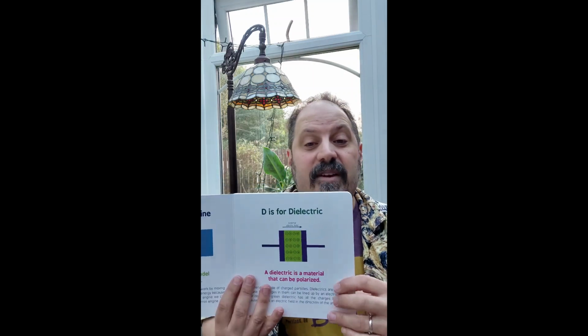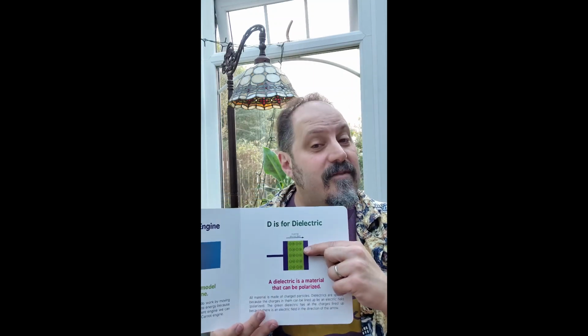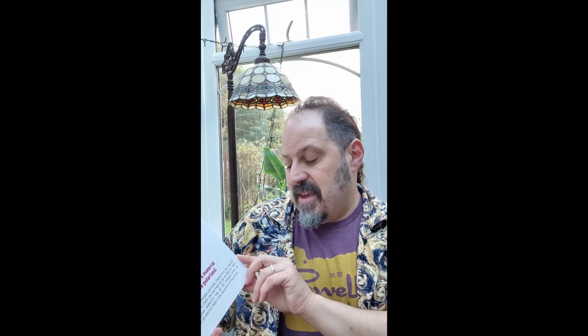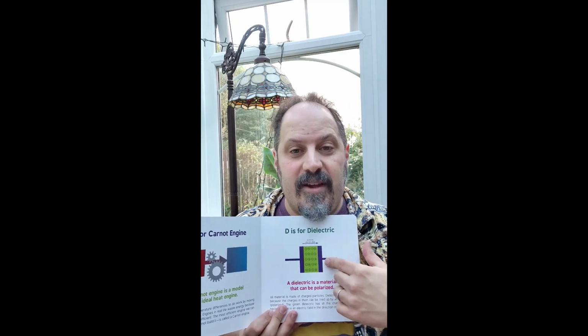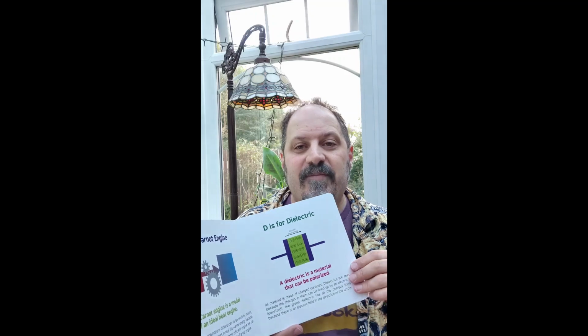But dielectrics are special because the charges in them can be lined up in an electric field. And in this case, the green dielectric, this is a dielectric for our purposes, has all the charges lined up because there's an electric field in the direction of the arrow. So this is called a dielectric, and it's used all over the place in our modern electronics.